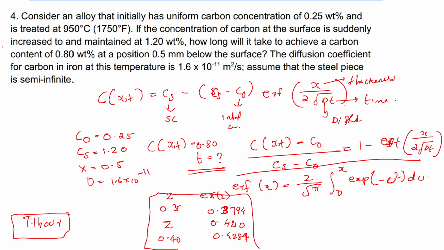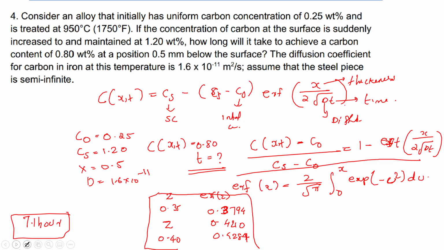And how can I proceed? 0.5 by 2, 0.25 divided by square root of 1.6 into 10 to the power minus 11.